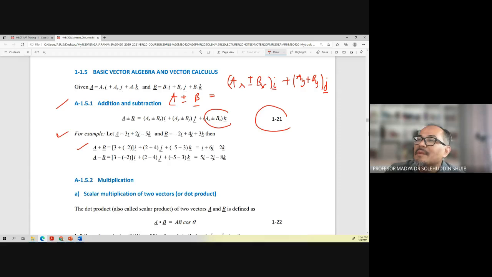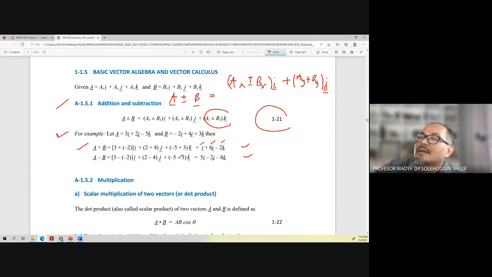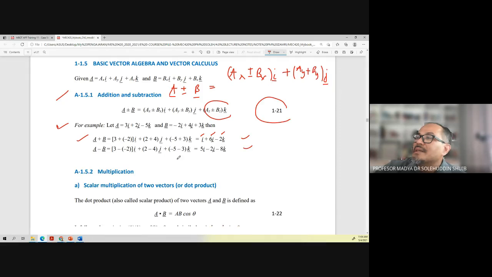You add 3 plus minus 2, you get 1i, and then 2 plus 4, you get 6j, and then minus 5 plus 3, you get minus 2k. So this is A plus B, and this is A minus B. That one is for addition and subtraction.